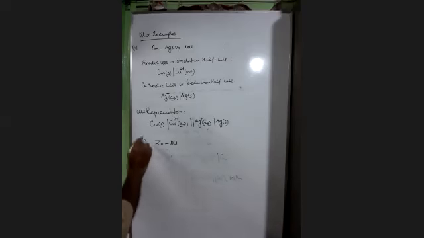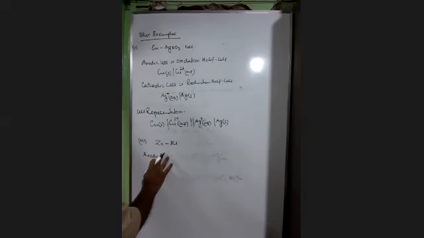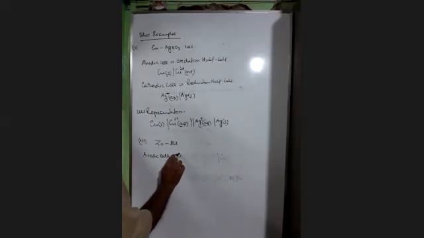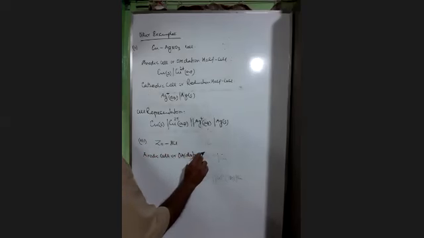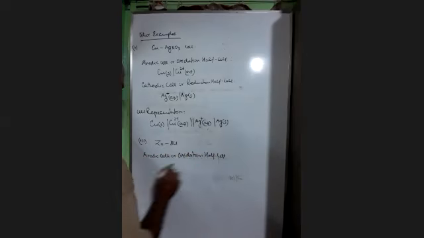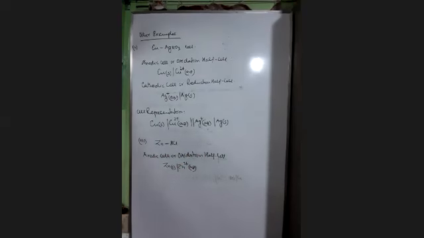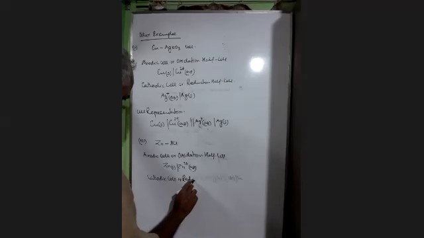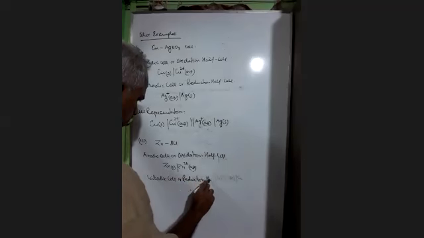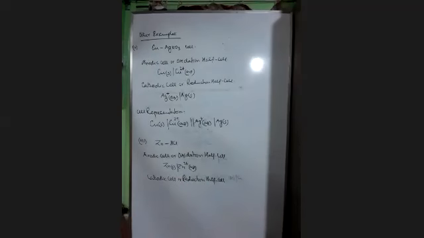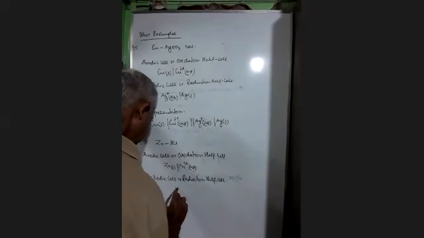So what should I write now here? HCl gives you H plus ion.